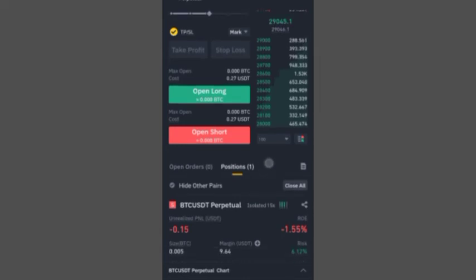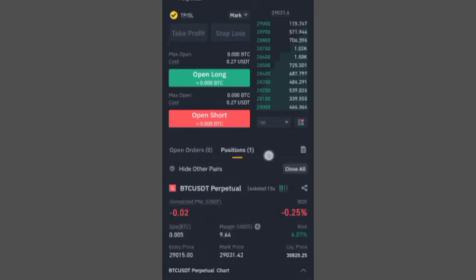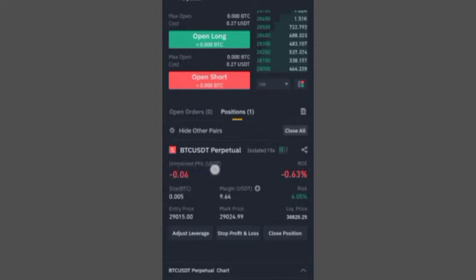And this order will be placed on open orders until the price gets filled. Once your position is filled, it will appear somewhere here to show you your unrealized profit amount, minus 0.0203 here, which is 0.25% of what I'm having here. So that is it. Now the entering price is reflecting the market price, and this is my liquidation price. And I'm risking about 6%.